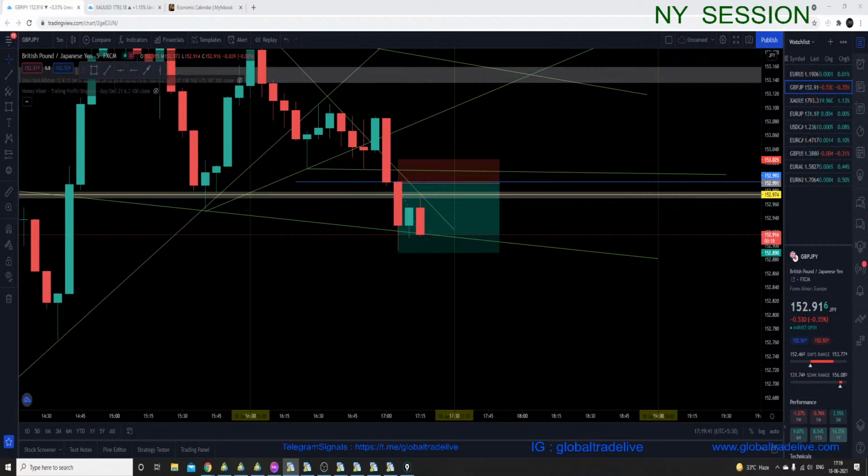So we are about to get 10 pips over here. Anytime it can drop further. Once this candle breaks and closes below the trend line over here, then we should be moving down.